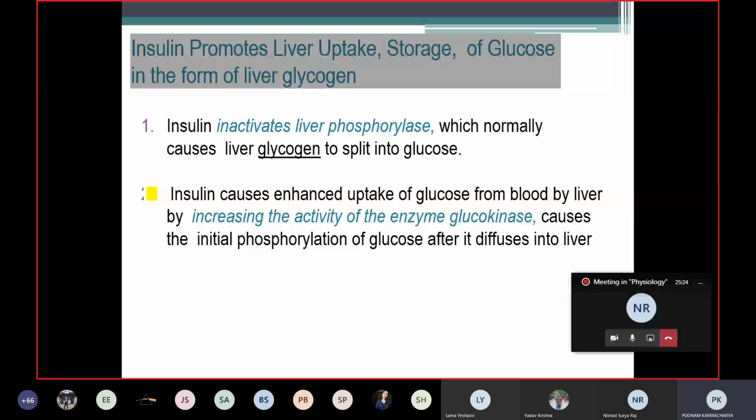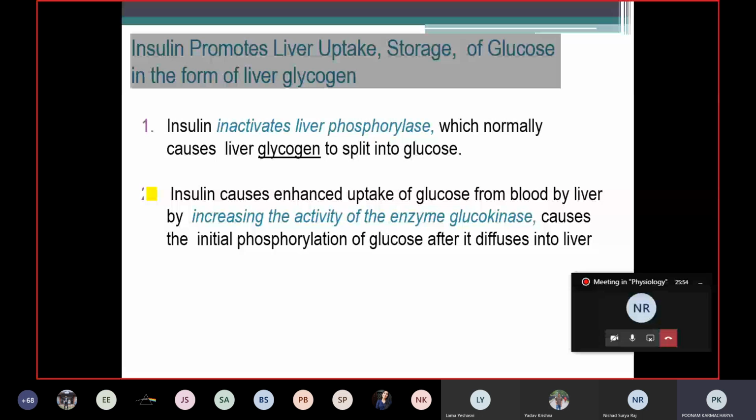Secondly, insulin causes enhanced uptake of glucose from the blood by the liver. How? By increasing the activity of the enzyme glucokinase, right? When this enzyme glucokinase works on the glucose, it causes phosphorylation of the glucose. Now this phosphorylated glucose cannot go back across the cell membrane.